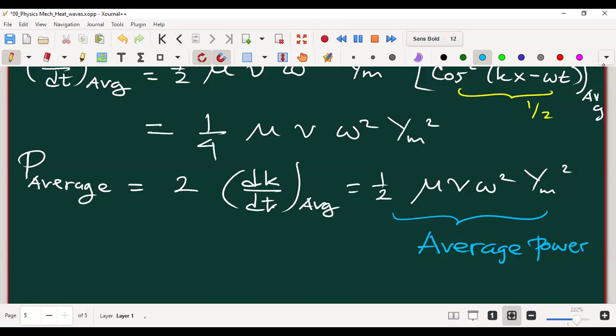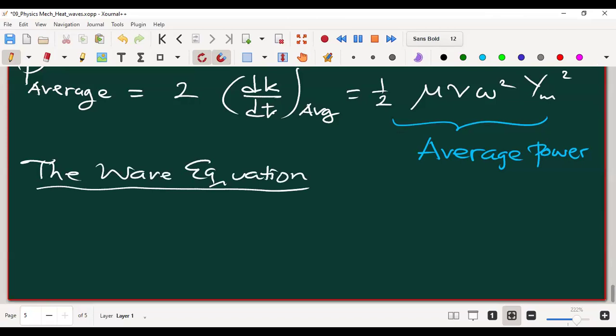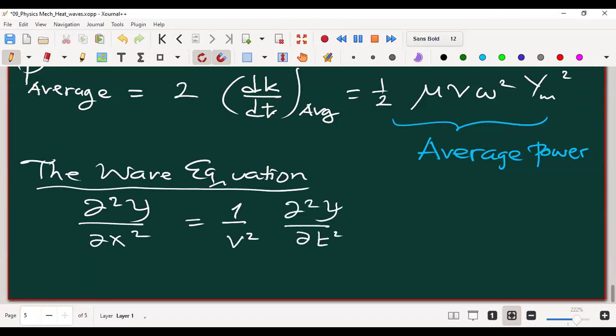Okay, and then next is the wave equation. So the wave equation is this one: ∂²y/∂x² is equal to 1 divided by v squared times ∂²y/∂t². Yeah, this one is the wave equation.